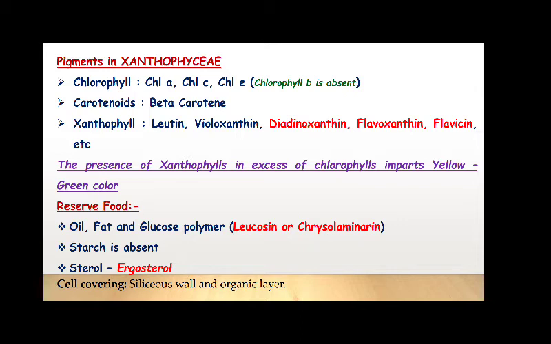Apart from that, certain sterols are also present, known as ergosterol. The members of this class usually have a cell wall with two halves consisting of silica and an organic layer.